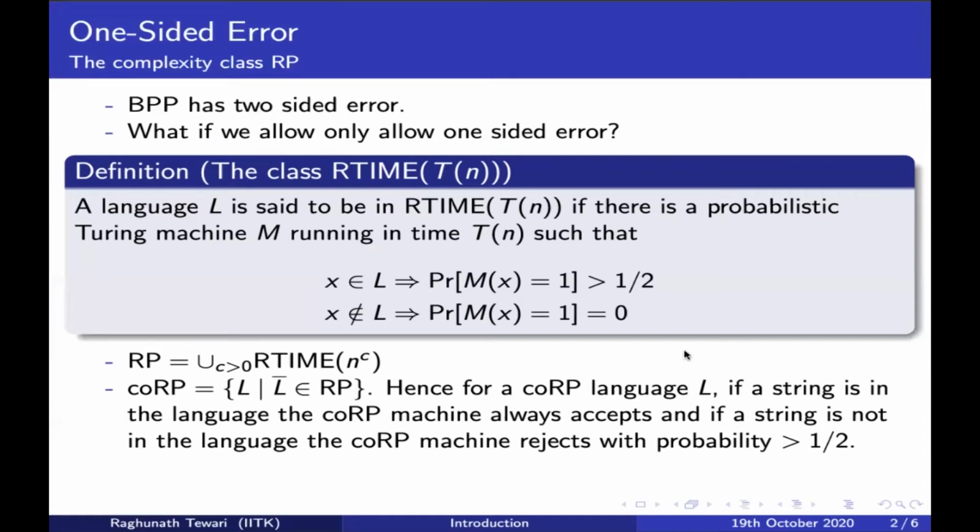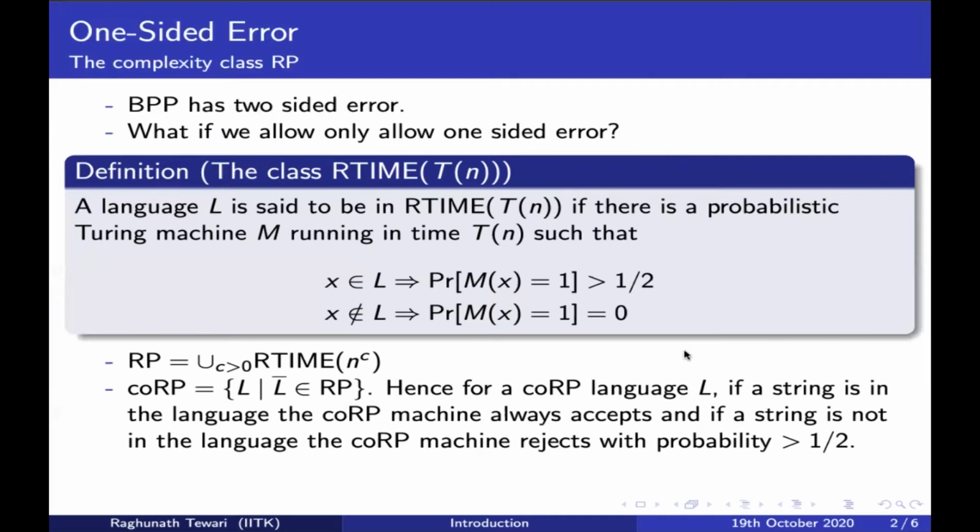One small point that I want to make before we proceed is that although here we choose the number half as a constant, one can actually arbitrarily increase this probability, to let's say 1 minus 1 over a polynomial.